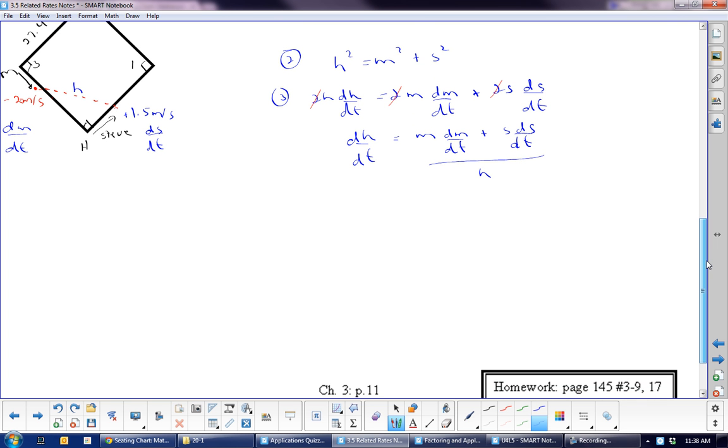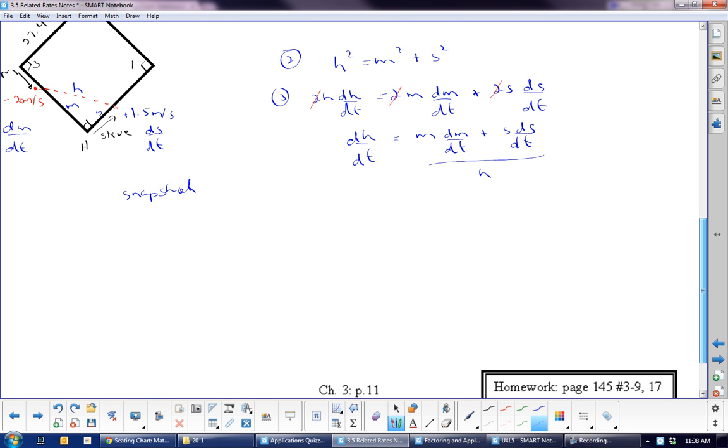So if this was s and this is m, okay, and h I don't have. Now, it seems weird at this stage. You're like 3 unknowns and we're not going anywhere with this one. Well, why don't we just do our snapshot?